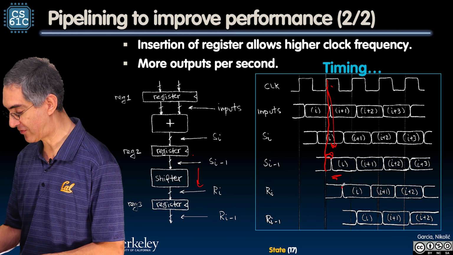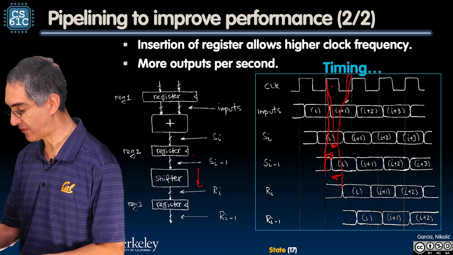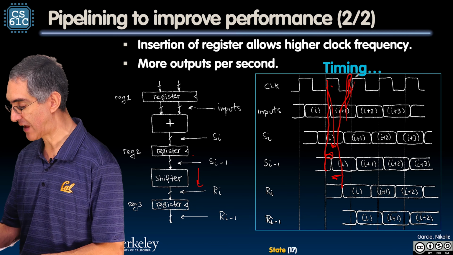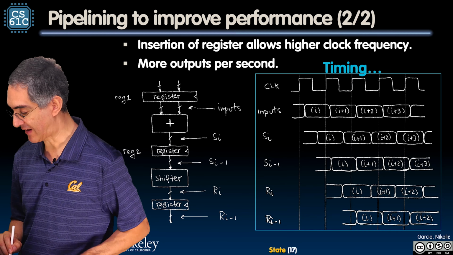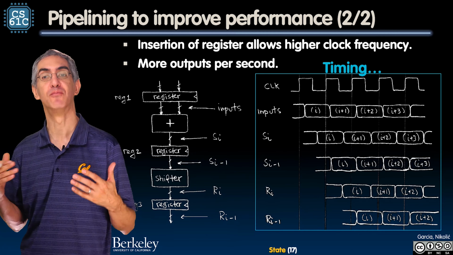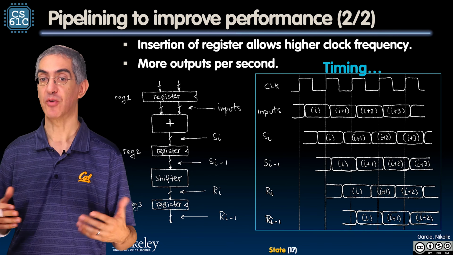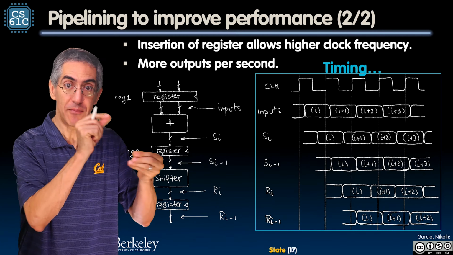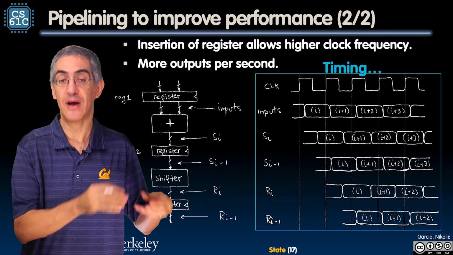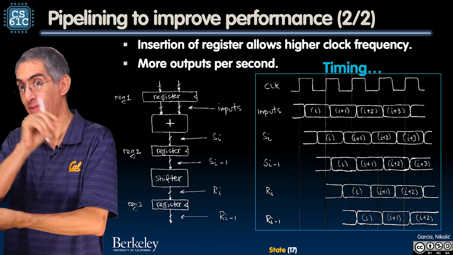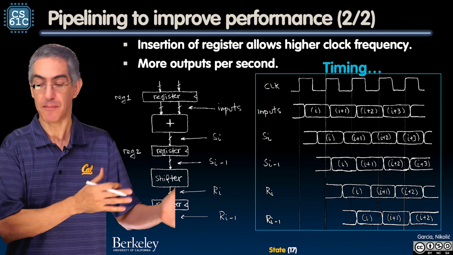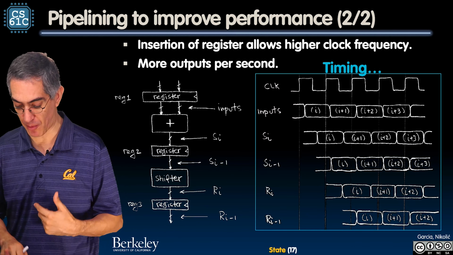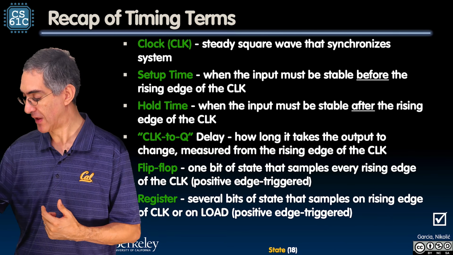And again, that has to be all stable before T setup for the next stage. So we love this. I have more outputs per second, but you're paying a price. For one particular chocolate, for one piece of data to go through, it takes maybe a little longer, but overall pipelining means more things per second, more outputs per second. We love that.